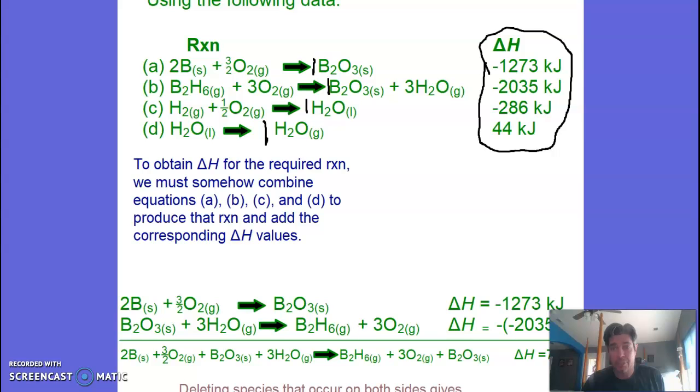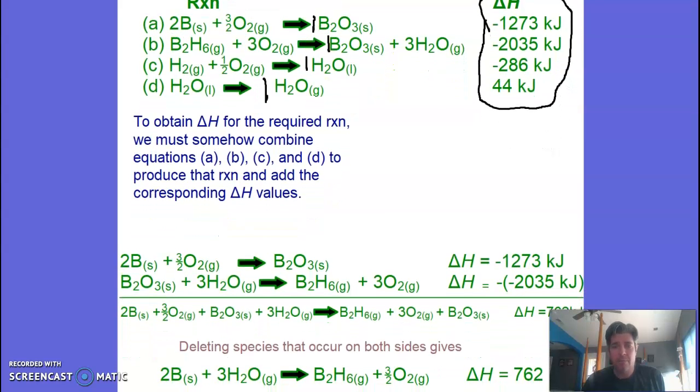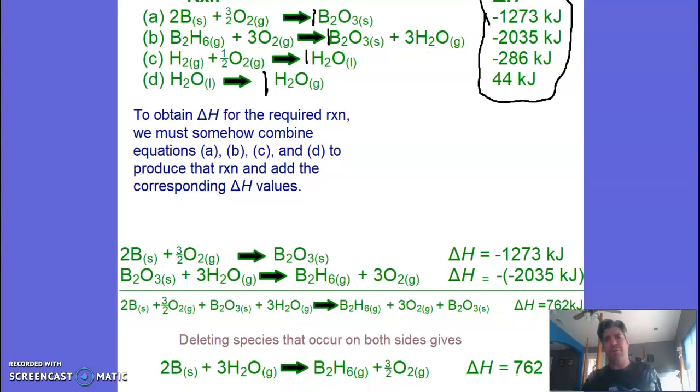with reaction B. So you have the same enthalpy for A, negative 1,273 kilojoules. But for B, if you notice, they made it negative. So they changed the sign by multiplying by -1. You have to change the sign because the sides were just flipped.